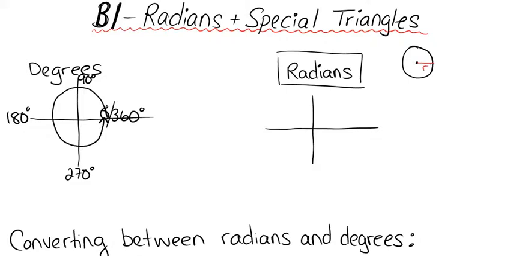Then we take that same radius length and we fold it along the arc. So that's also the same length. And this right here is the same length. Then the angle formed in there is equal to 1 radian. So that's how radians work.